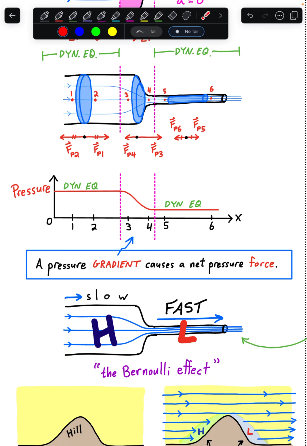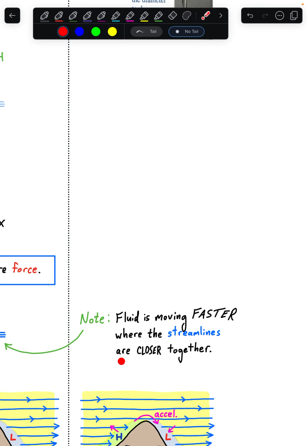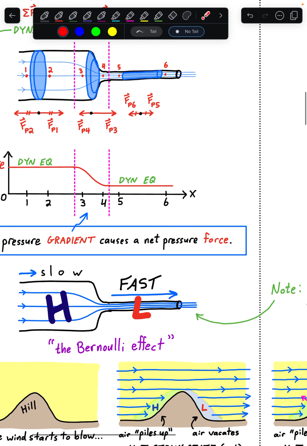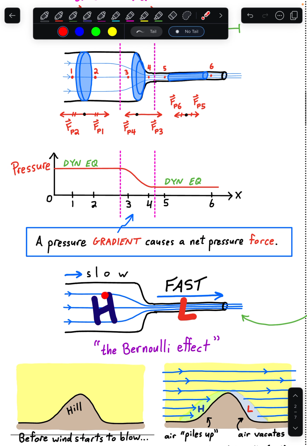Note here that the fluid is moving faster where the streamlines are closer together. The compression of those streamlines here is a visual indication that this fluid is moving faster here. So that's a way to interpret what you're seeing when you look at a diagram of streamlines. The closer spacing indicates the fluid going faster.